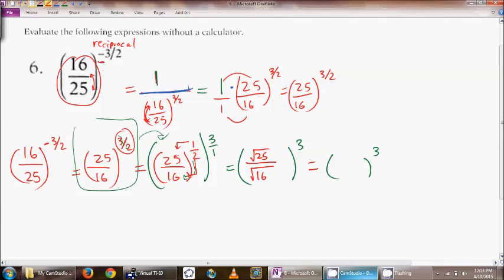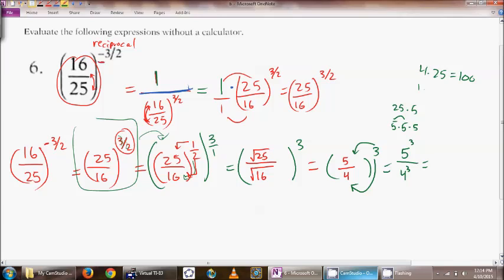So let's evaluate this. The square root of our numerator of 25 is 5. The square root of our denominator, 16, is 4. So this is really saying, now I want to cube my numerator and cube my denominator. And this is really 5 cubed over 4 cubed. Well, 5 cubed is 5 times 5 times 5. Well, this is 25 times 5. I know that 4 times 25 is 100.